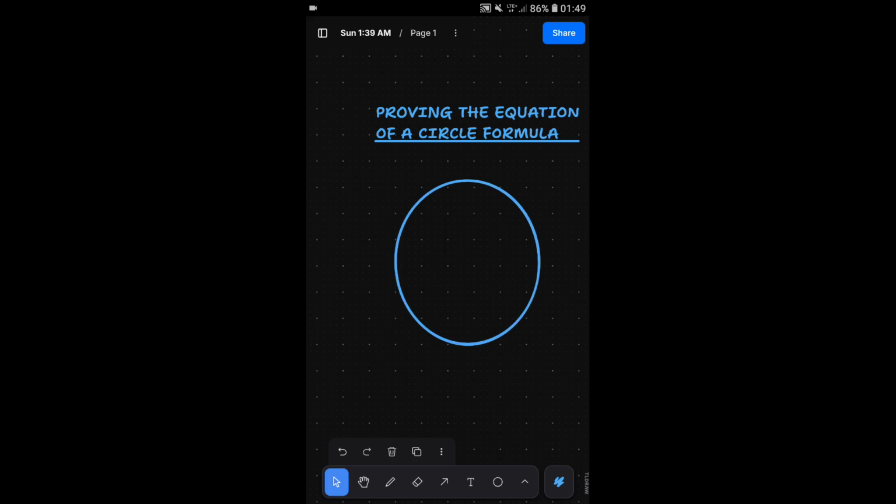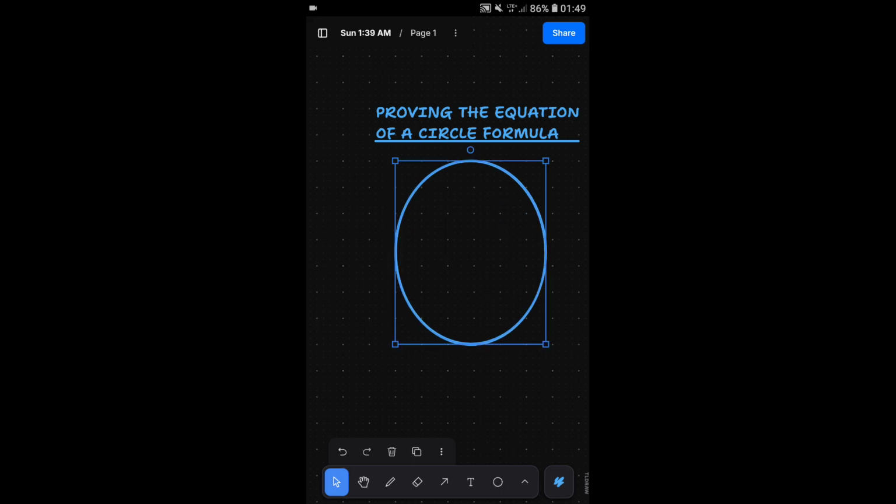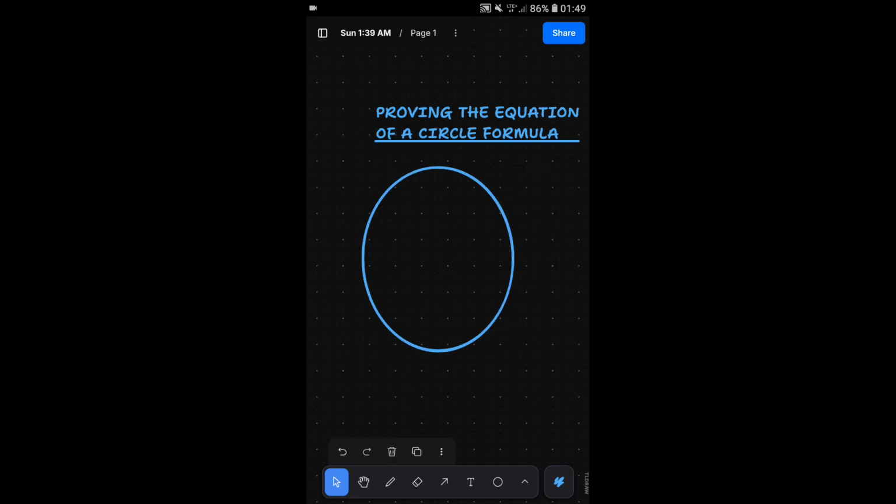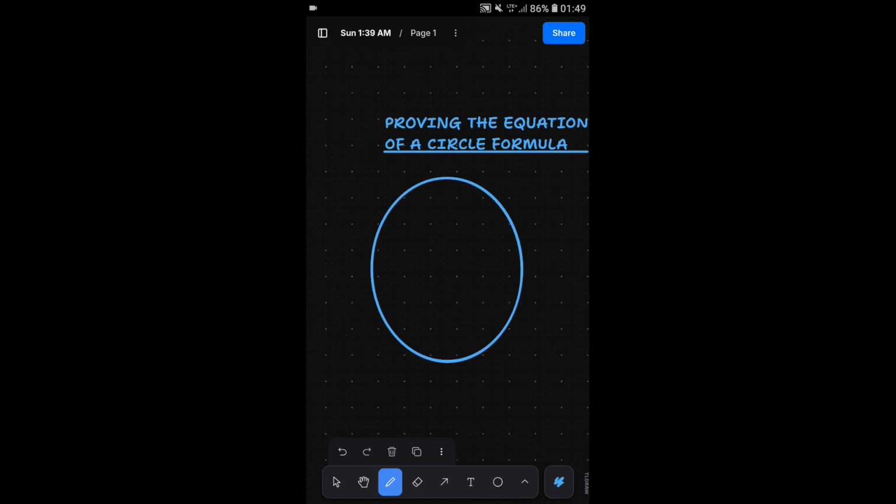Great. So let's say we have a circle like this on the board with center C. The circle is centered at C right here.